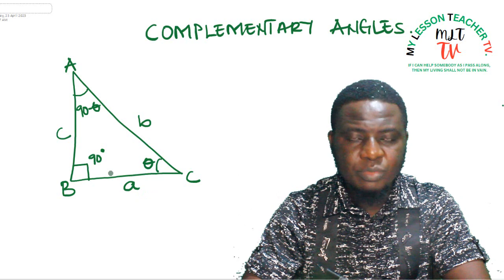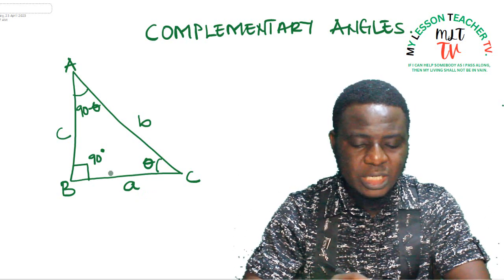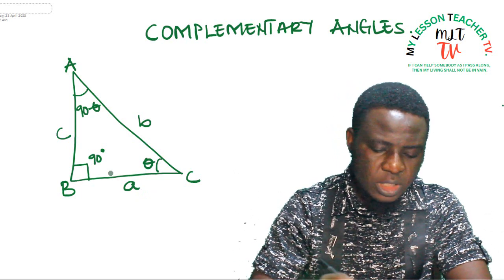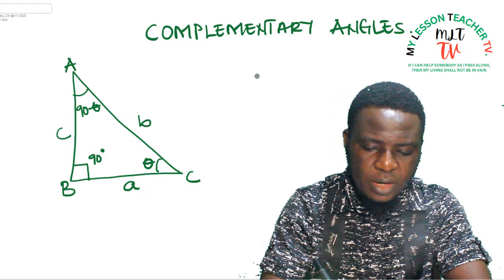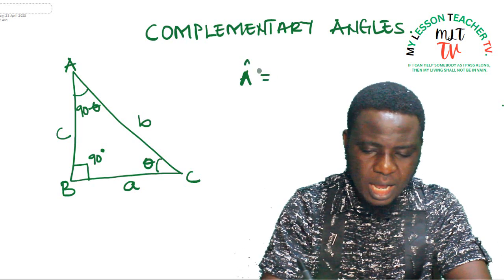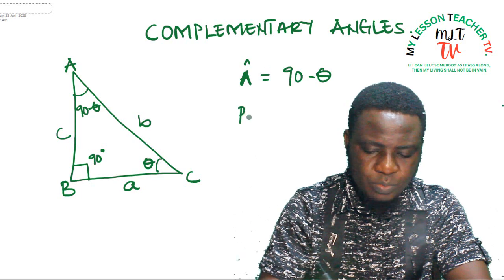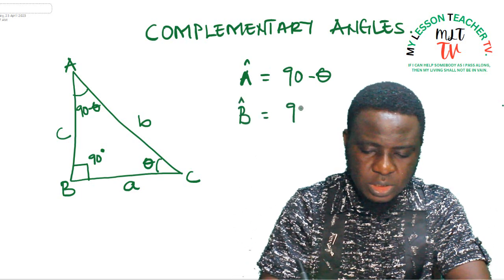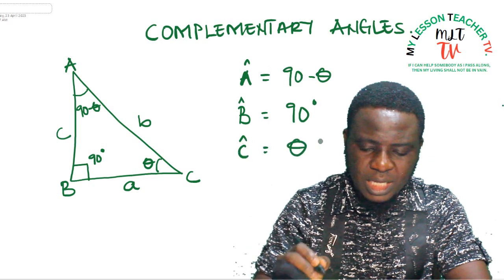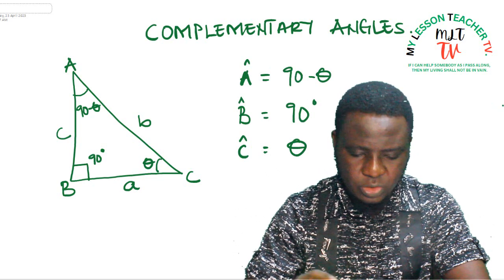One of the basic theorems of a triangle is that the sum total of the angles in a right angle triangle is said to be 180 degrees. That is to say that if you add up angle A, which I said is 90 minus theta, angle B, which is 90 degrees, and angle C, which is theta, their sum total gives you 180 degrees.